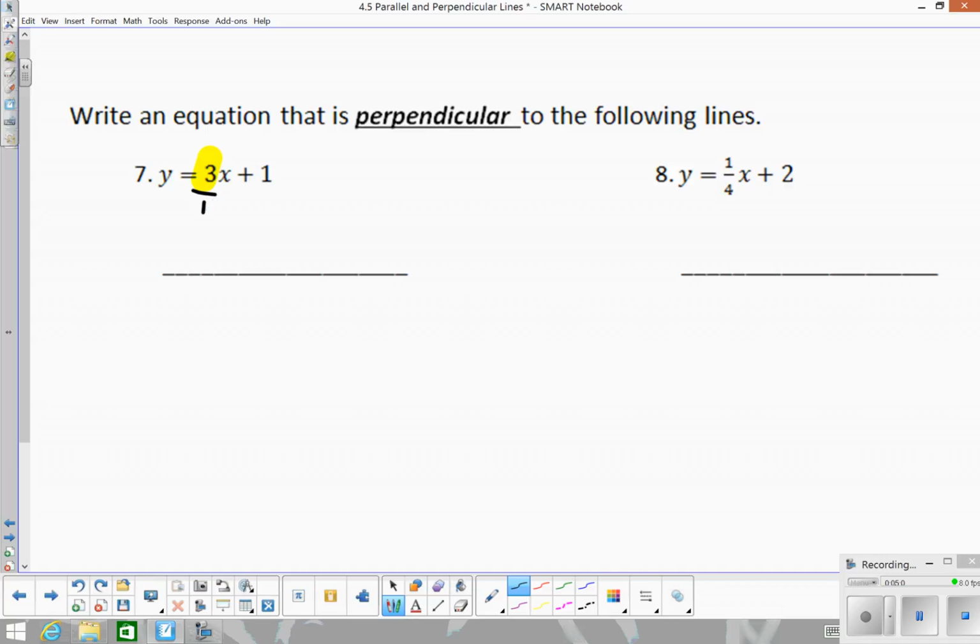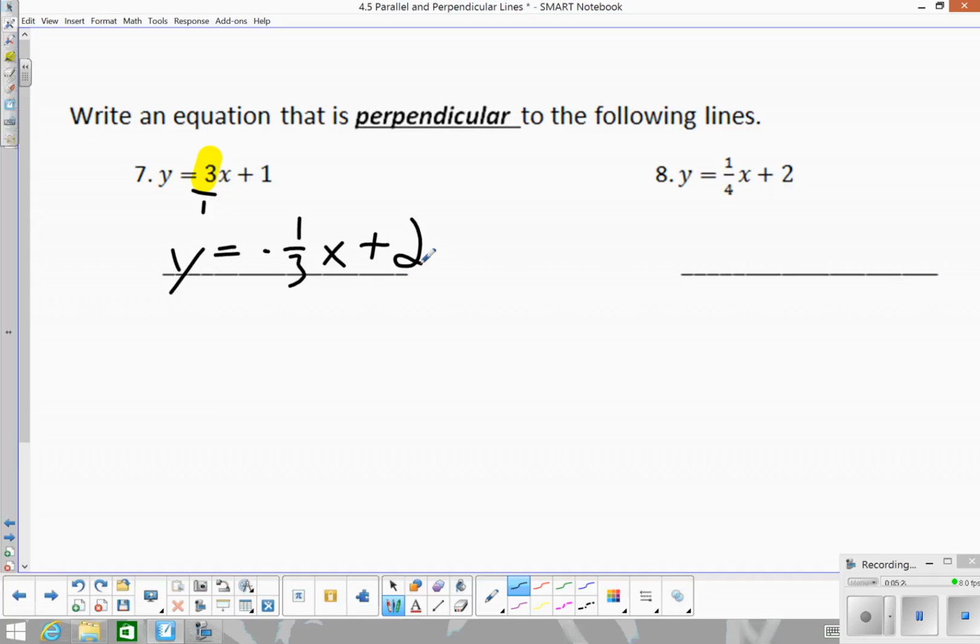Now, the opposite sign: if my slope is positive, my perpendicular line is going to have a negative slope. The reciprocal of 3 over 1 is 1 over 3. And then it's x, and it's going to be plus or minus anything. I'm just going to say plus 2. These are just any perpendicular lines.